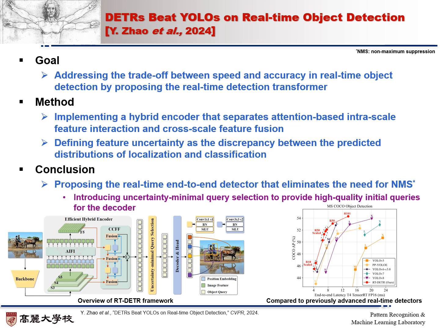Method: as shown in the overall figure on the bottom left, RT-DETR first designs an efficient hybrid encoder to quickly process features at multiple scales. This hybrid encoder separates intra-scale interactions from cross-scale feature fusion.